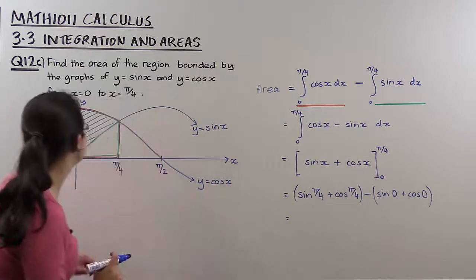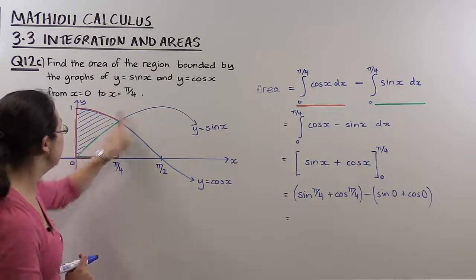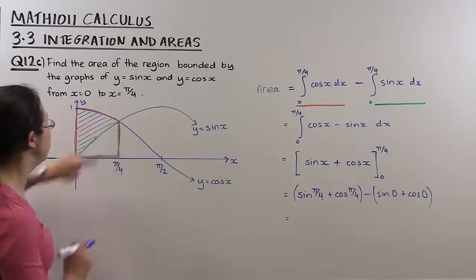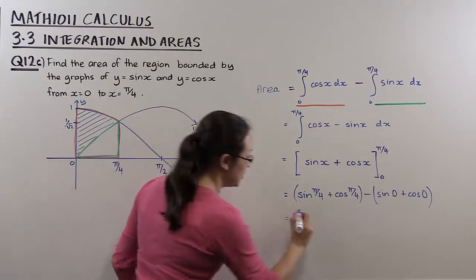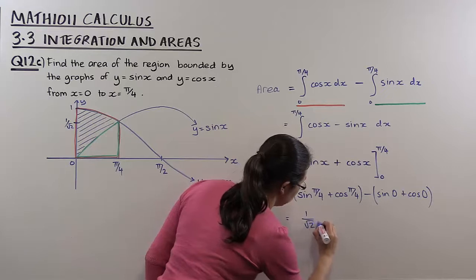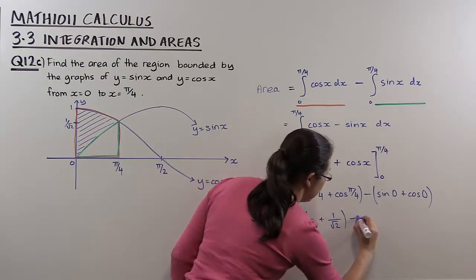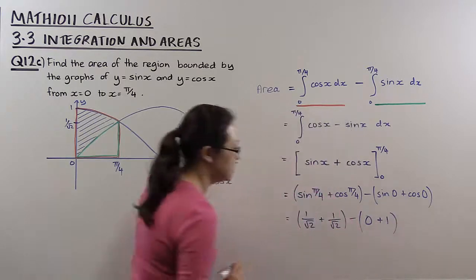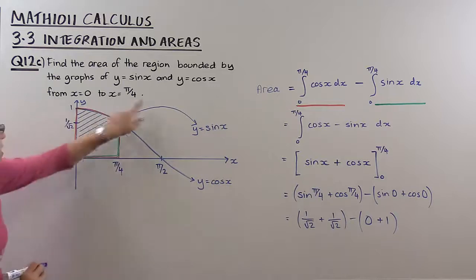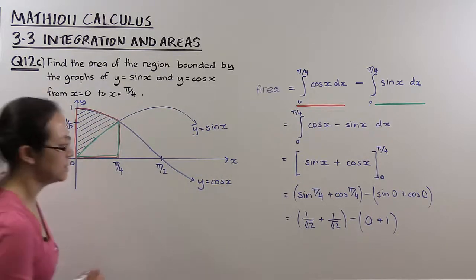In fact, that's why we knew that was the point of intersection here, because sine of pi on 4 and cos of pi on 4 both give that same value, 1 on root 2. So this is 1 on root 2 plus 1 on root 2, or 2 on root 2, minus sine of 0 is 0 and cos of 0 is 1.